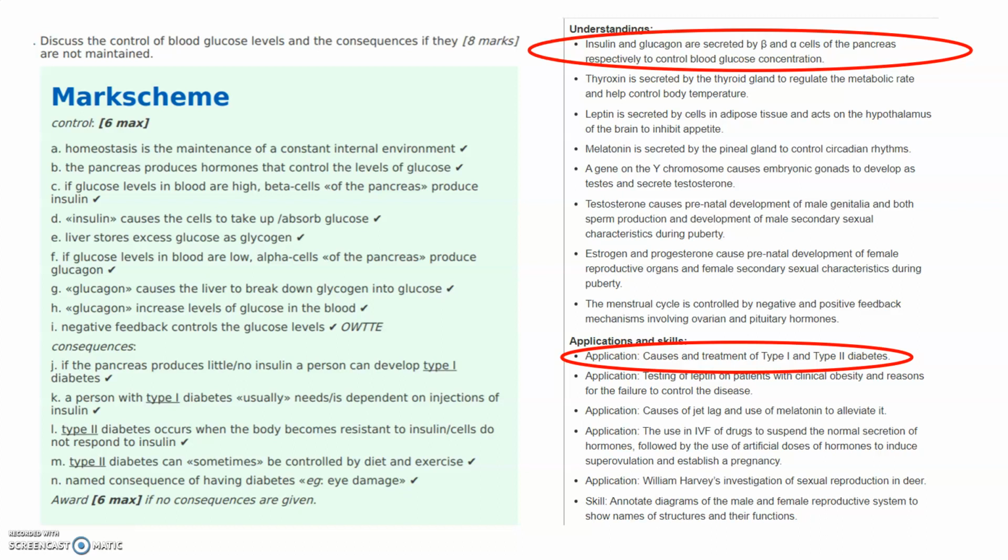So what is secreted when the blood glucose level is high, and what is secreted when it is low. And then down here, in application, causes and treatment of type 1 and type 2 diabetes. So what can cause this, and how can both of these types of diabetes be treated?